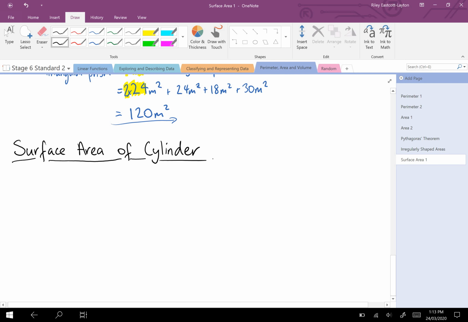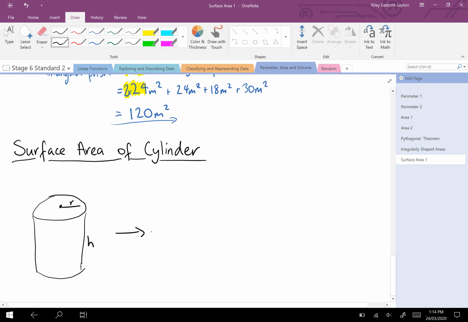Now, we're all experts at cylinders. We've been dealing with circles and stuff quite a bit over the last week or two. So obviously, a cylinder is going to look like so. We know that we've got the radius here, we've got the height here.